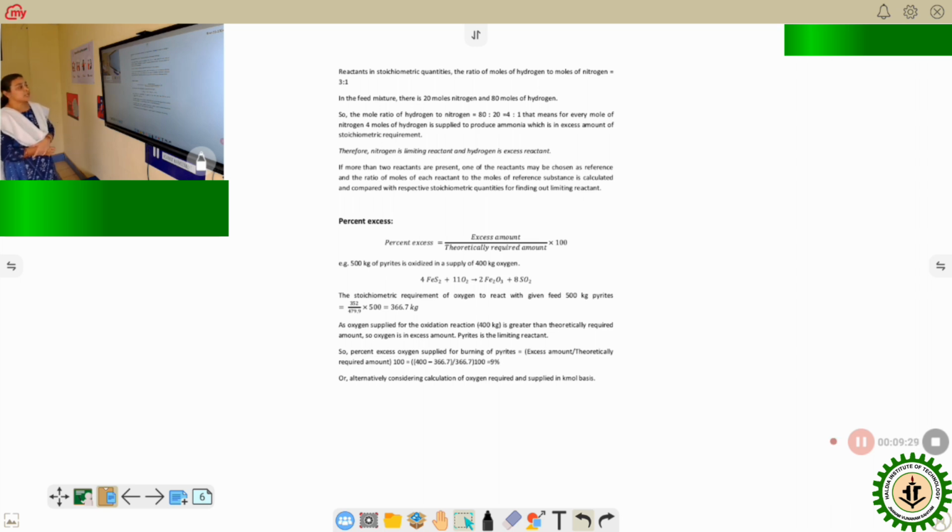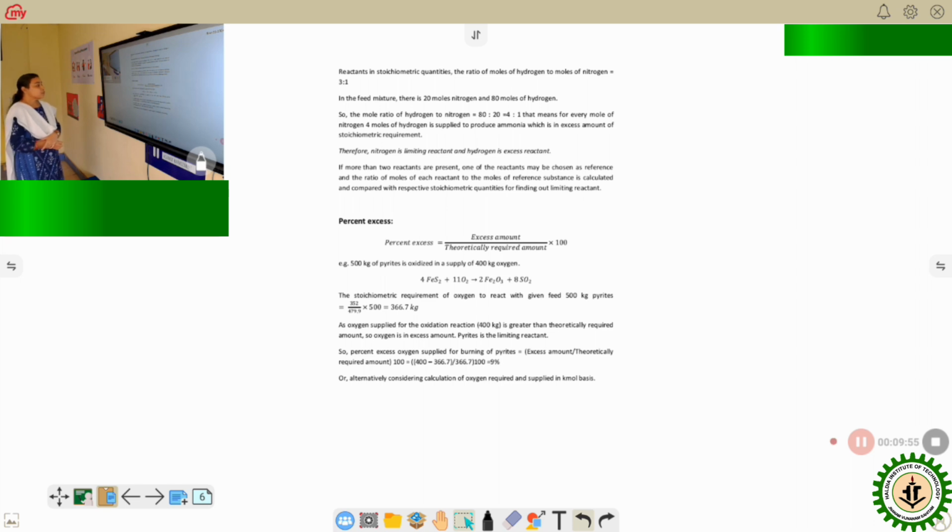So the stoichiometric requirement of oxygen to react with the given feed of 500 kg pyrites is 366.7 kg. As the oxygen supplied for the oxidation reaction is 400 kg, it is greater than the theoretical requirement, so oxygen is in excess and pyrites is the limiting reactant.